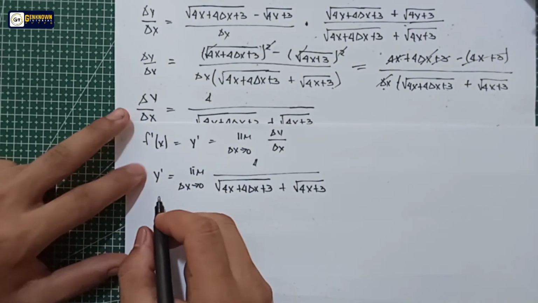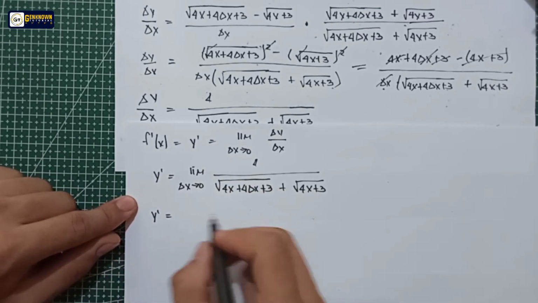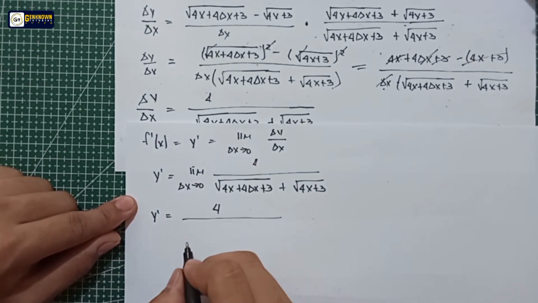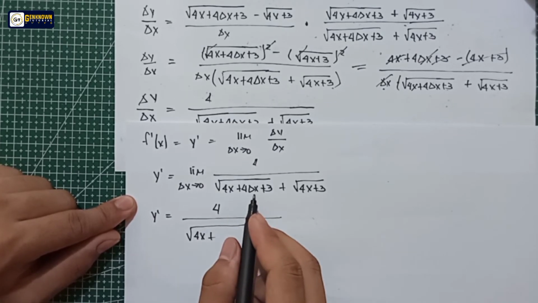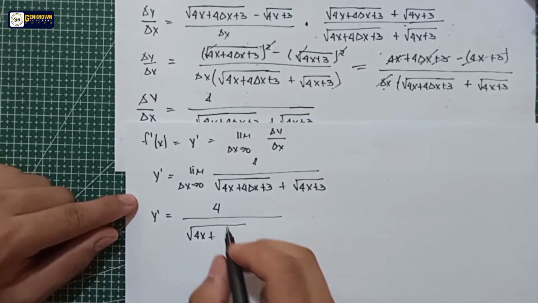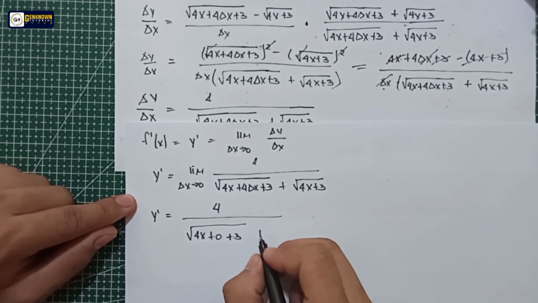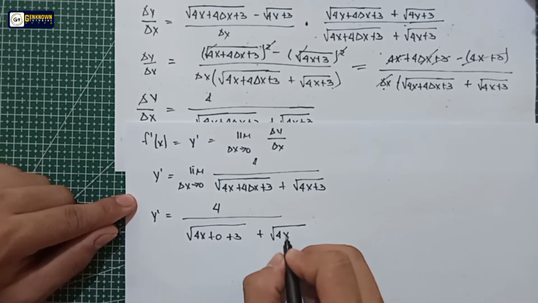So the y prime is equal to 4 over the square root of 4x plus 4 delta x, where delta x is equal to 0. So 4 multiplied by 0 is 0, plus 3, plus the square root of 4x plus 3.